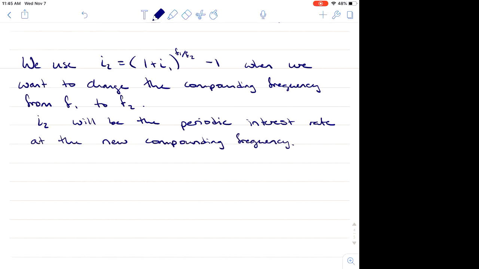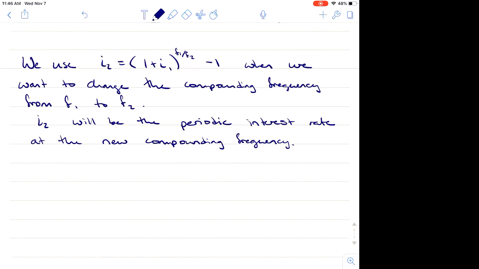So before, we started with simple interest and then we could just convert the R to a decimal and go ahead and use that. Then we moved into compound interest where now I have to take that R and convert it to I, the periodic interest rate, in order to do our calculations. Now in annuities, you have to check your compounding frequency versus your payment frequency. If they're not the same, you'll first have to convert to I2 before you can do any calculations.